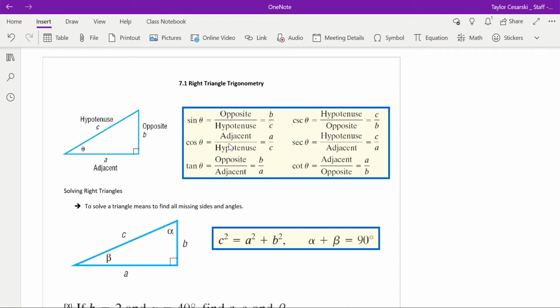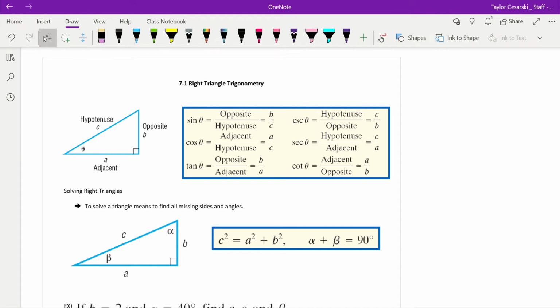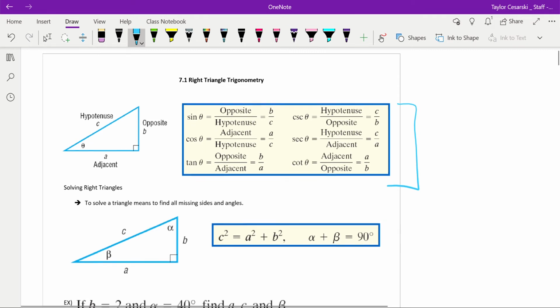So this top section here should be a review of just how to find those relationships. I'm not going to go through and read that to you, but opposite over hypotenuse, and we've been working with that in the last trig section as well.